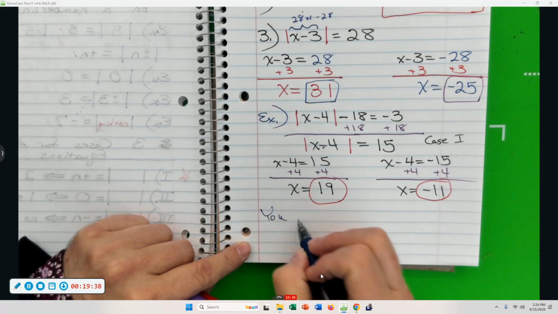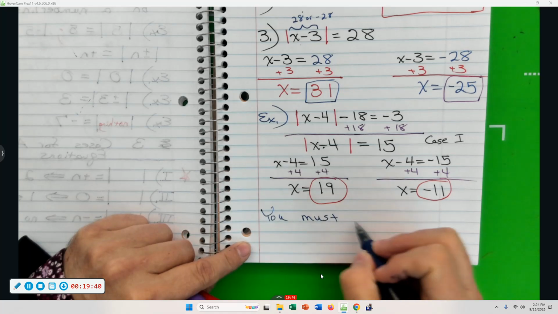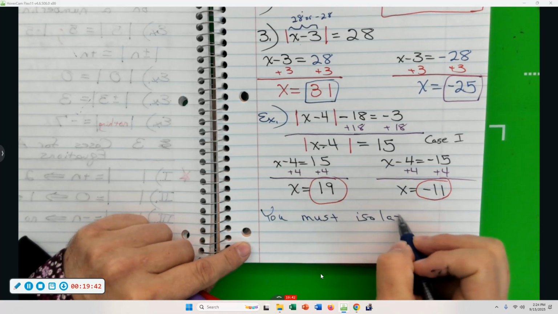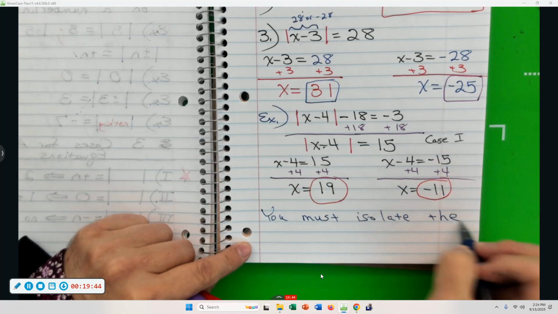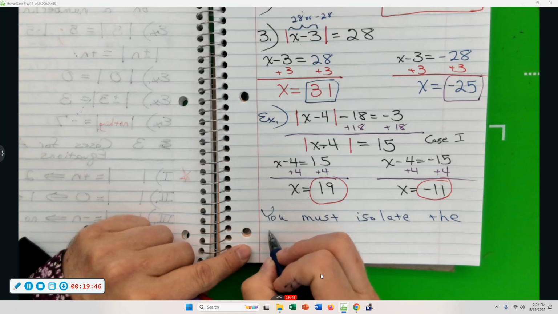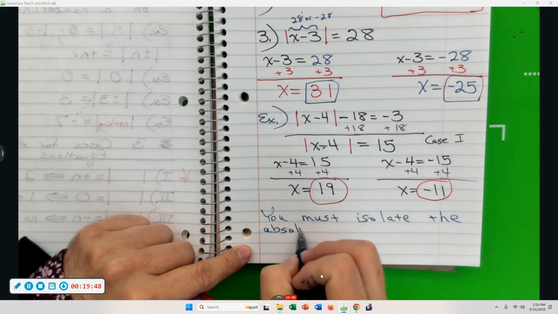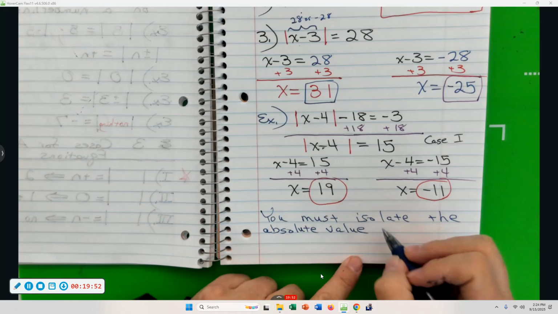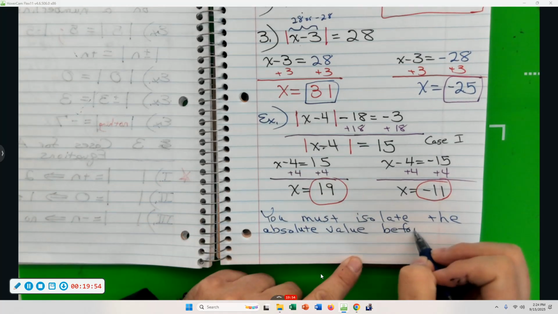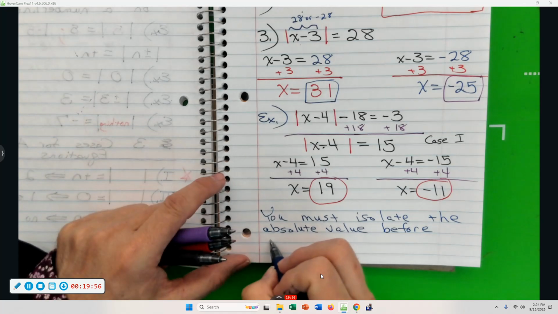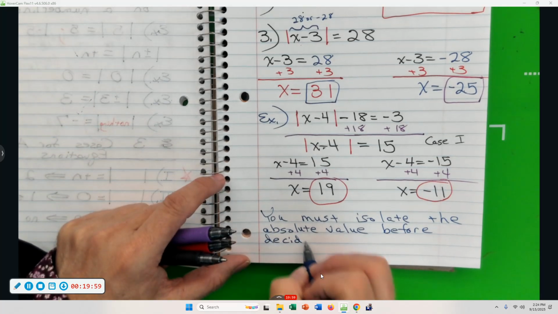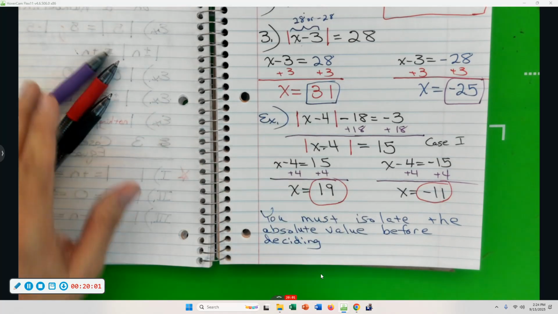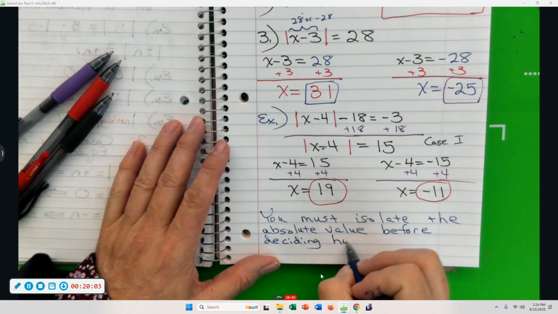You must isolate the absolute values before deciding, I'm running out of room, how many solutions you'll have.